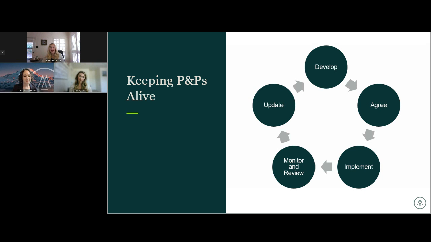I say best practice is having somebody look at the policies and procedures at least once a year. Software changes, different people come and go. So making sure, is this something that's still applicable to our organization? And then, obviously, that's going to be with the updates.